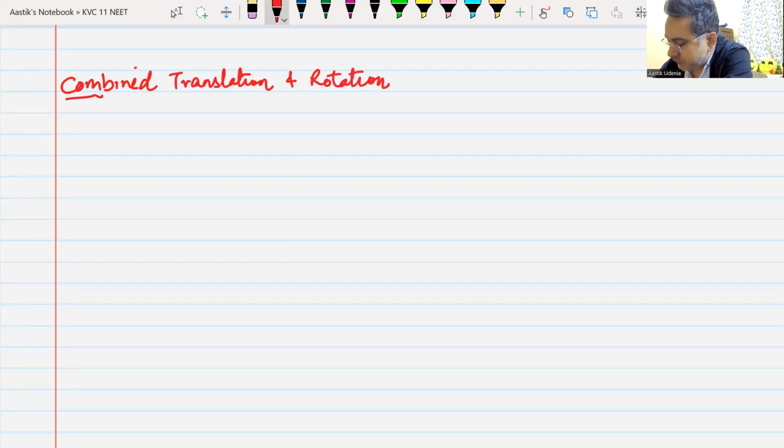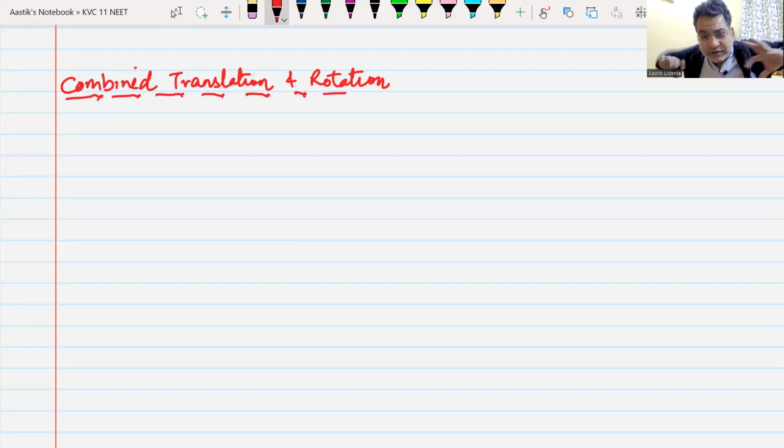Now, before even getting into that, can anyone give me an example of a combined motion where the body is rotating as well as translating? Does anyone know an example of combined motion that you see in day-to-day life?